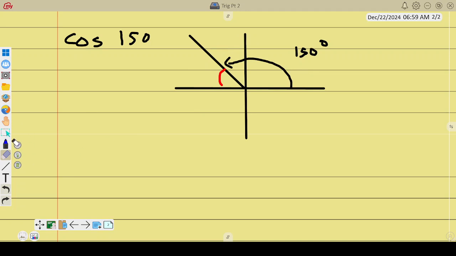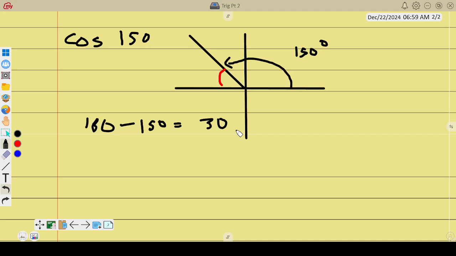So we'll simply say we have 180 minus 150. That is the angle which is here. So 180 minus 150, we get 30. Okay, so our helping angle is 30.